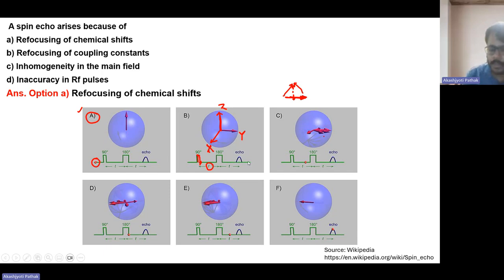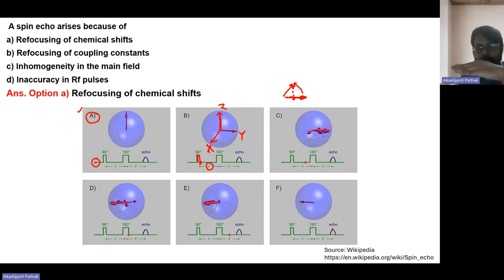And so these are now dephasing, right? And now what I'm doing, I'm giving a 180-degree pulse. So this was my bulk magnetization. Now I have applied the 90-degree pulse, so all my nuclear spins will get tipped up to the plus y axis.